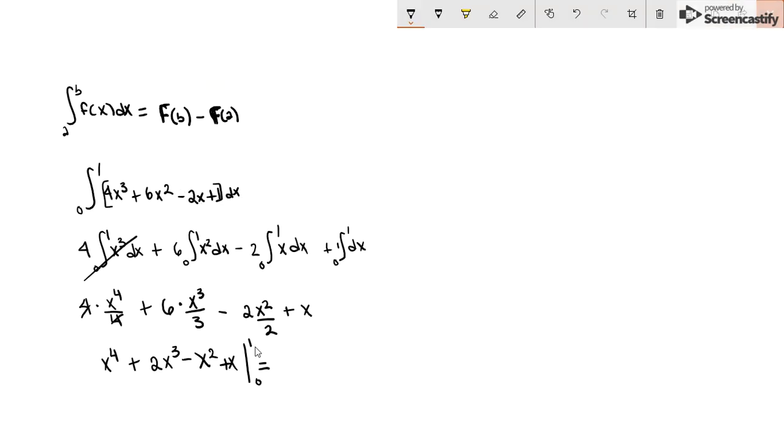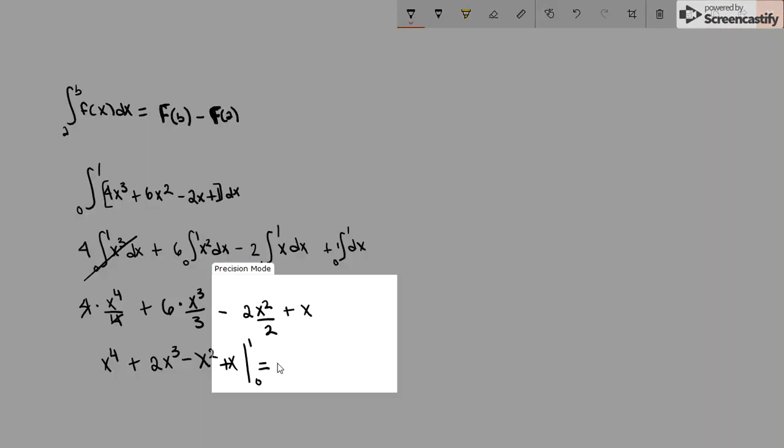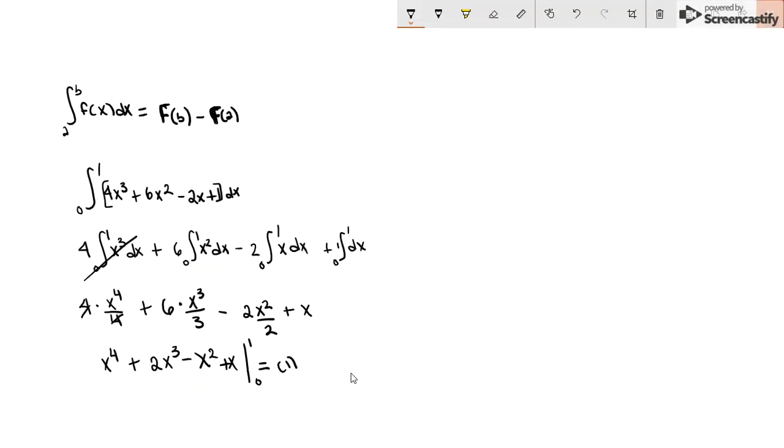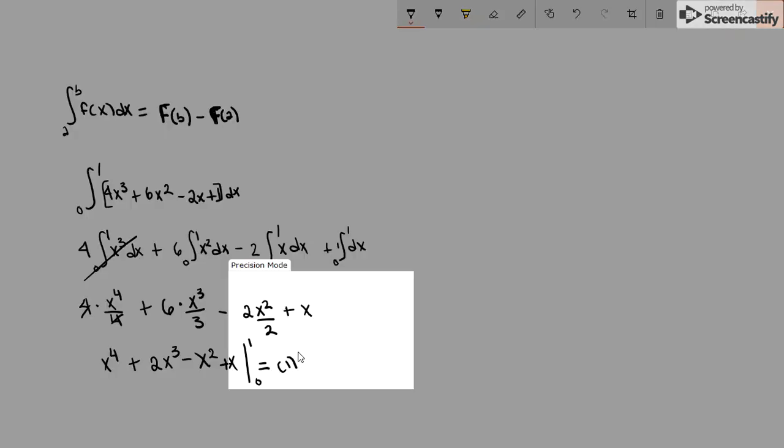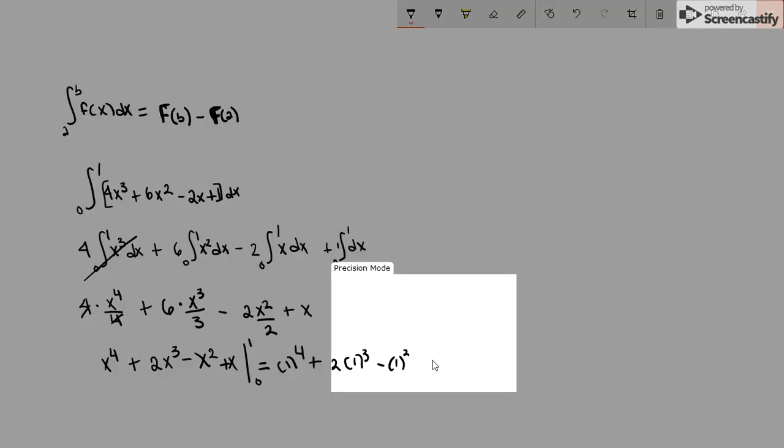There we go. So let's plug in 1. So we'll do 1 to the 4th power plus 2 times 1 to the 3rd power minus 1 to the 2nd power plus 1.